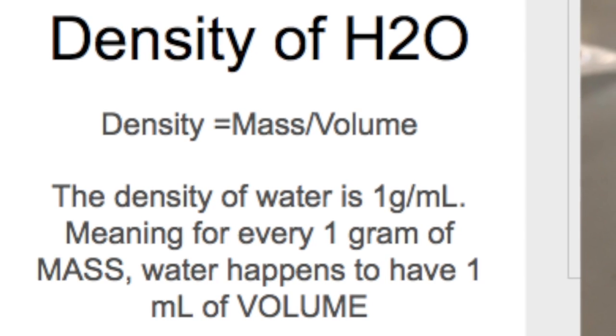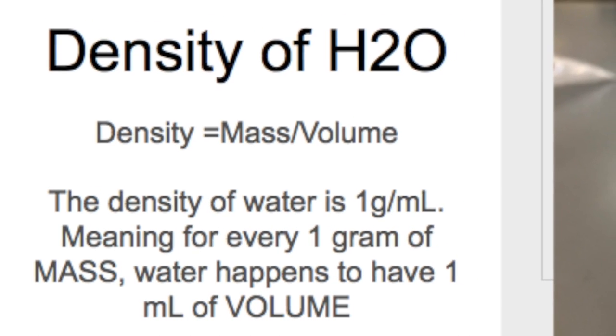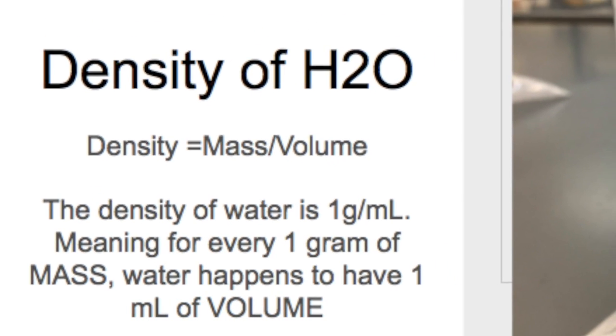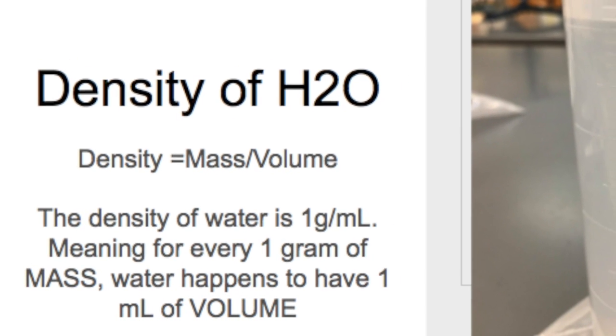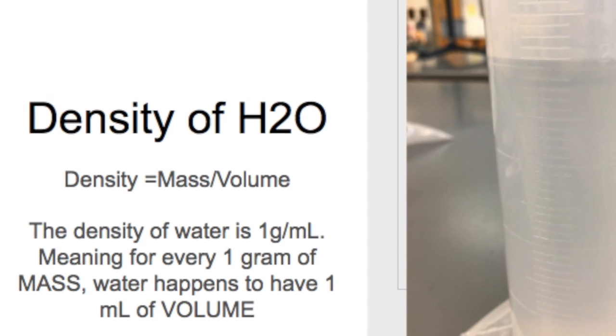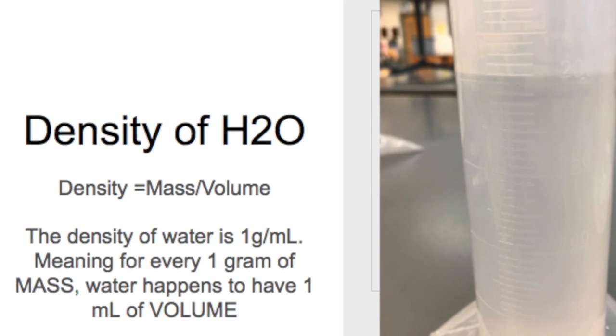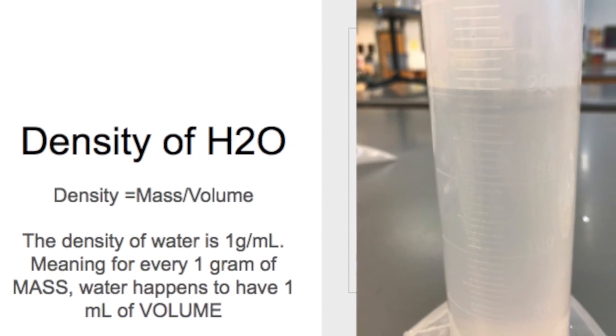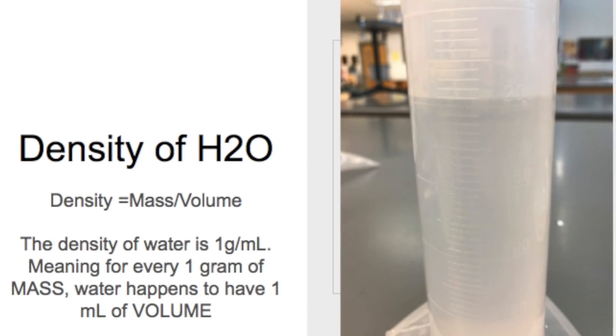So like all materials, water has a certain density, and density of water actually is a very special property because when you take the mass divided by volume for water, the ratio always equals out to 1, meaning there's 1 gram of mass for every 1 milliliter of water.